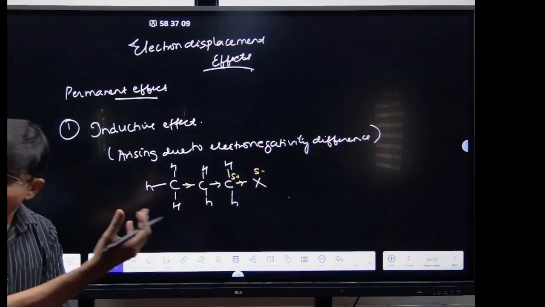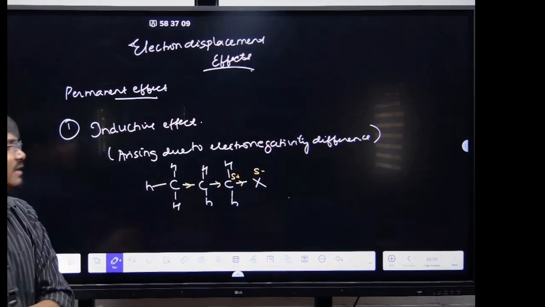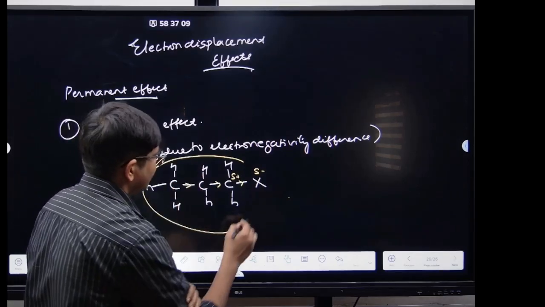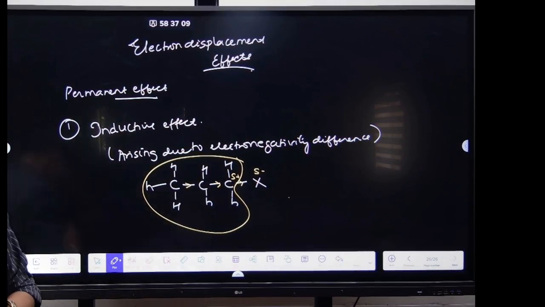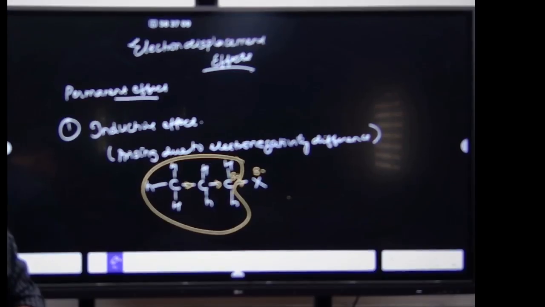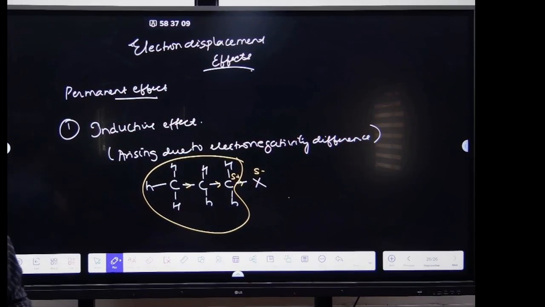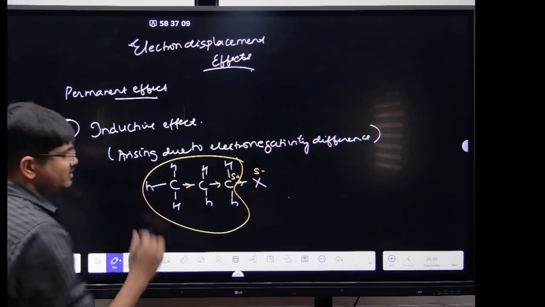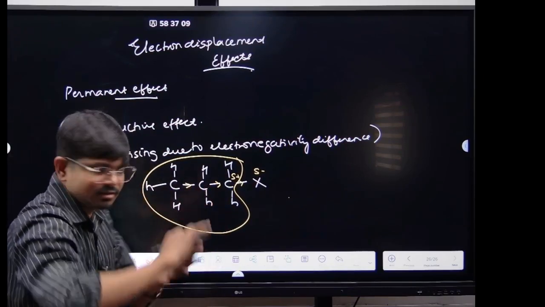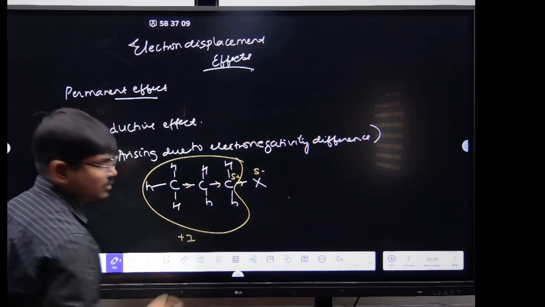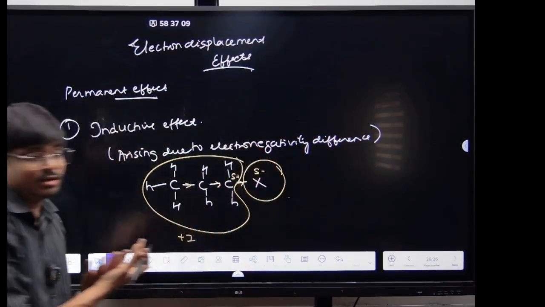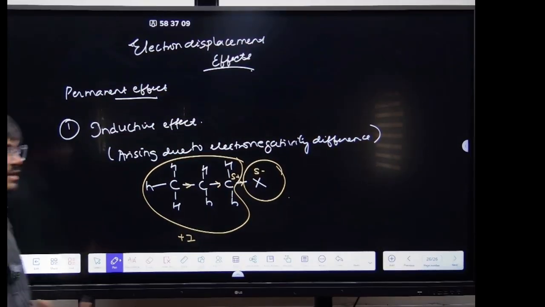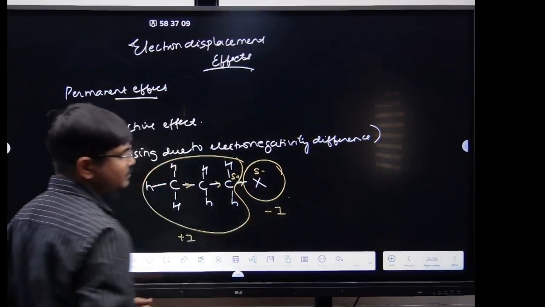Got it? So X is taking the electron and this group is giving the electron, right? Why is it arising? Because of the electronegativity differences. So the group which is giving the electron is known as the plus I group, and this X, taking the electron density towards it, is known as the minus I group.